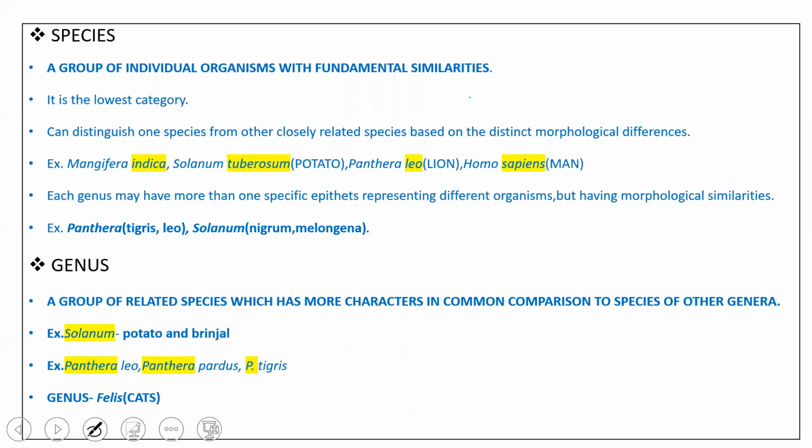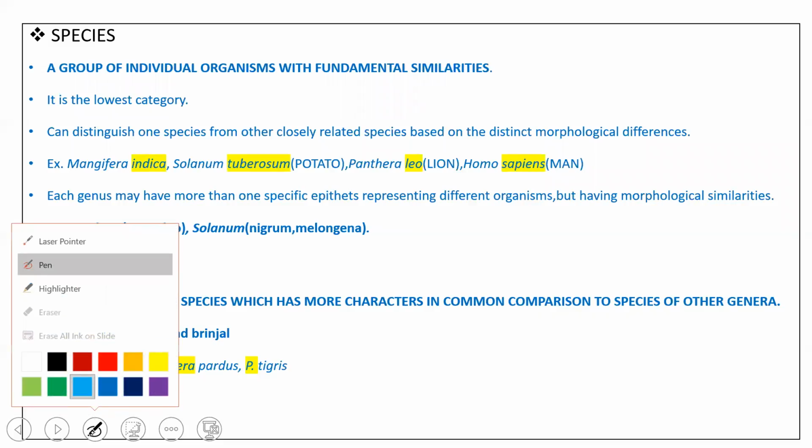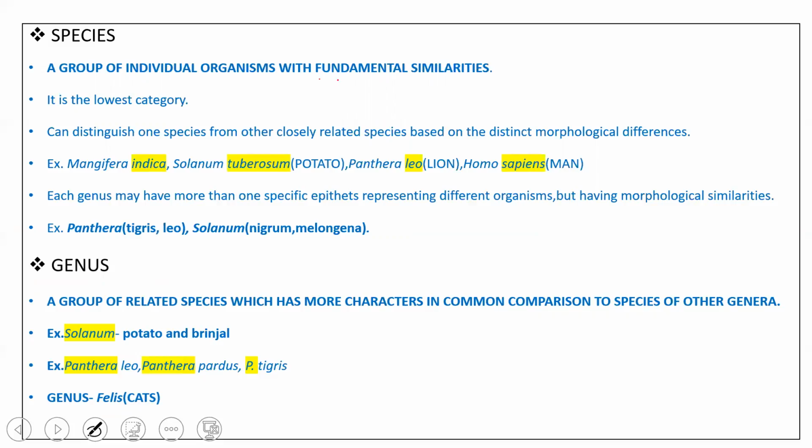Starting from the species. How do we define a species? We know that species is a taxonomy category. It is a group of individual organisms with fundamental similarities. This is very important.